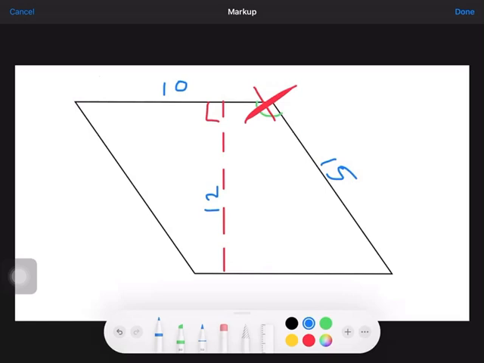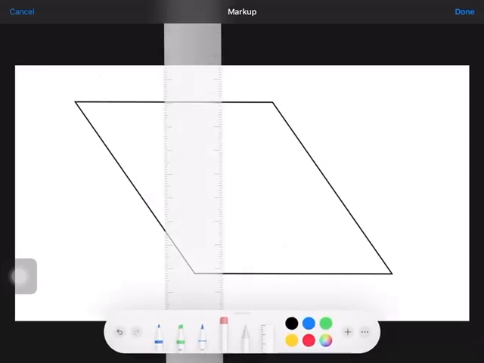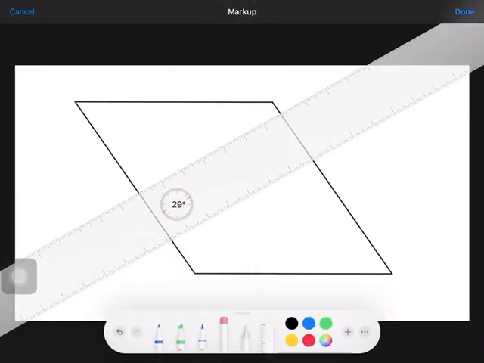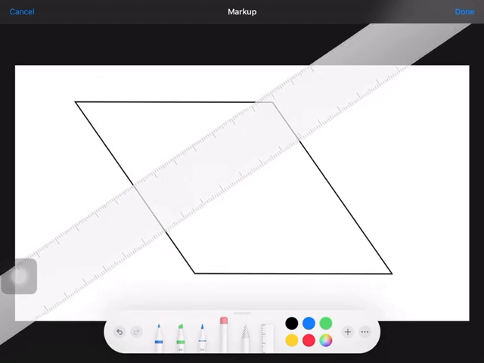It doesn't matter where those perpendicular lines meet, as long as they go together. I could even flip it on its side and do this.